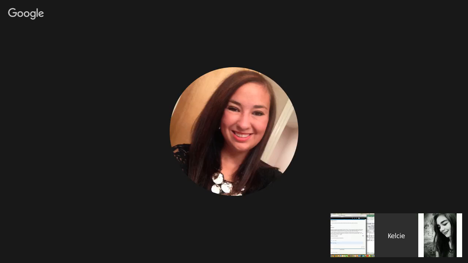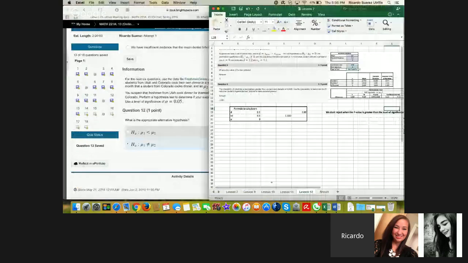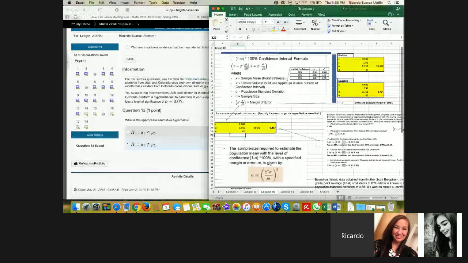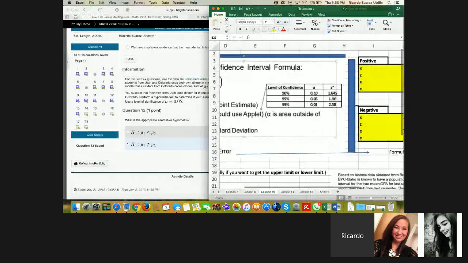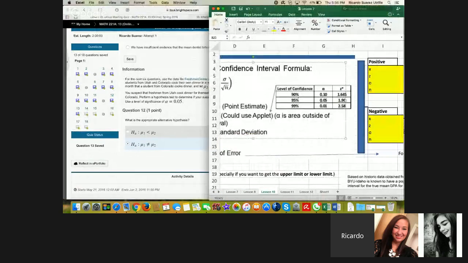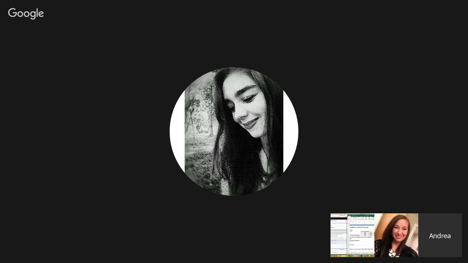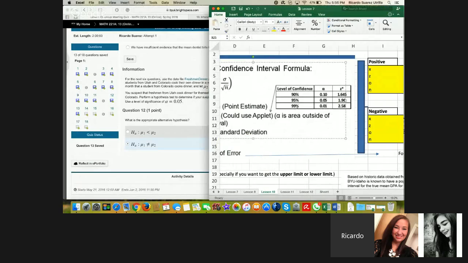I have a chart so I can show you what I'm talking about. Do you see it on my screen? When we have 90%, it's 0.90. When we have 0.05 it's 95, and 0.01 is 99.